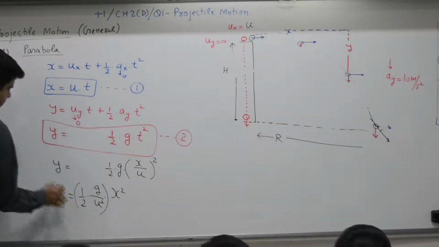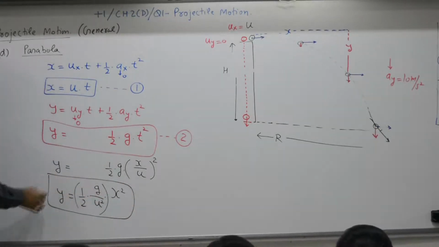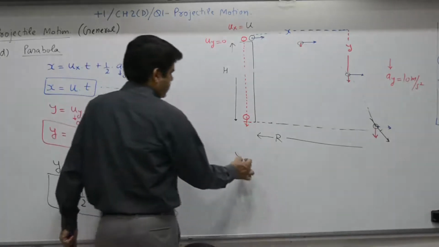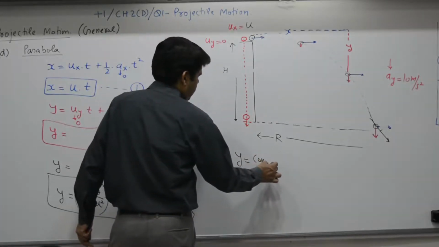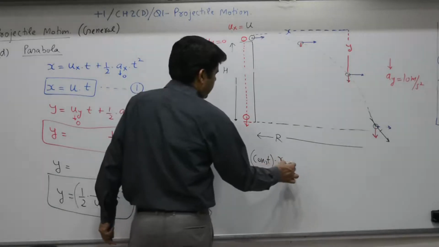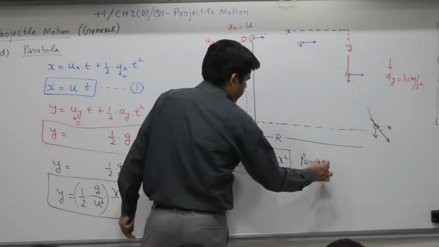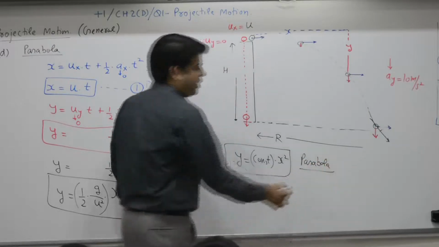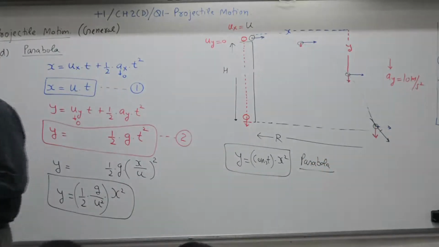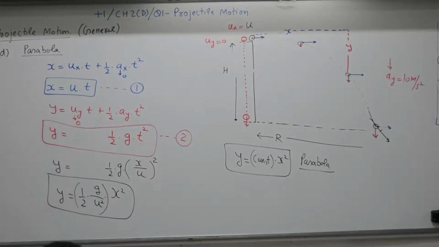This is a constant. Y is equal to constant into x square is the trajectory of a parabola. Y is equal to constant times x square.